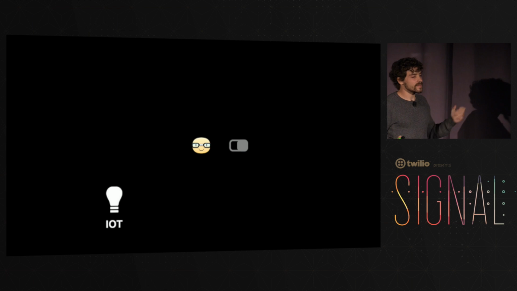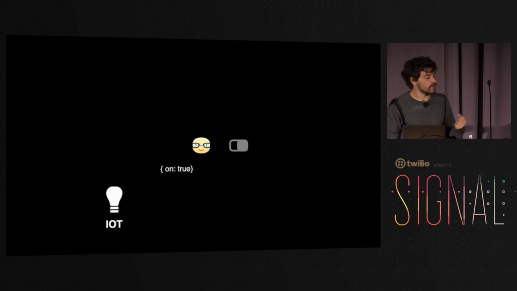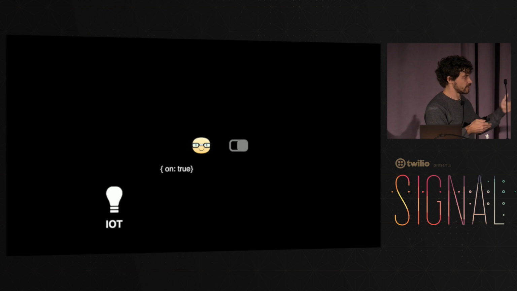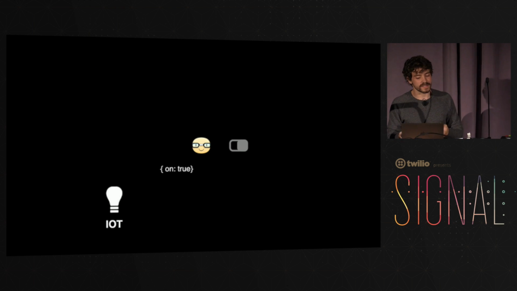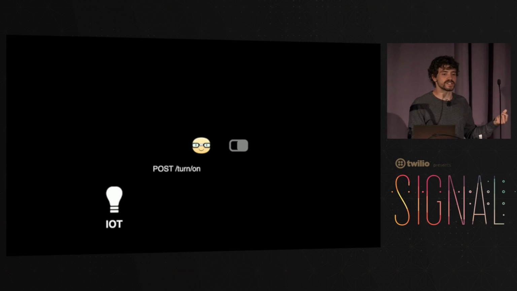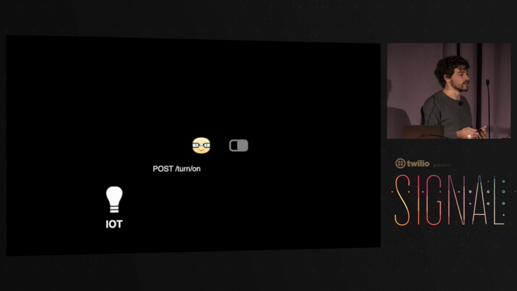So let's now consider a switch, which is going to be how the user interacts with this system. The first approach that we can think of is we connect this switch to the internet, and we use something like Socket.io to send an on event when the user flips it. Or we can think of sending a post request that says, just turn it on, or any sort of transport mechanism that you can imagine.